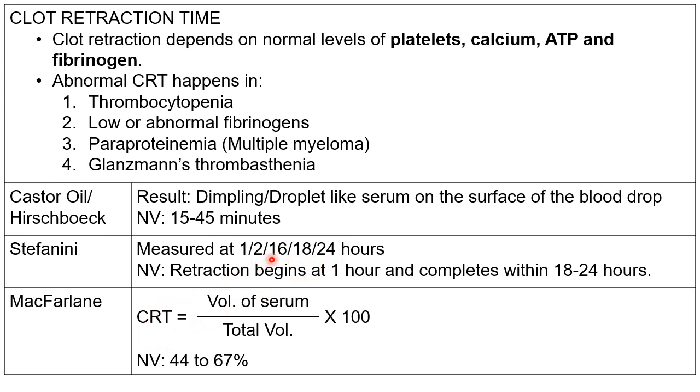So, ang mga abnormal result naman natin is, yun nga, ang completion is either less than 18 or more than 24 hours. So, ang mga abnormal, lalo na yung mga thrombocytopenia and abnormal or low fibrinogen, after 24 hours ang kanilang retraction time. And then, ito nga yung mas accurate na test is the computation, and mas mabilis, no? The computation of the CRT using McFarland.